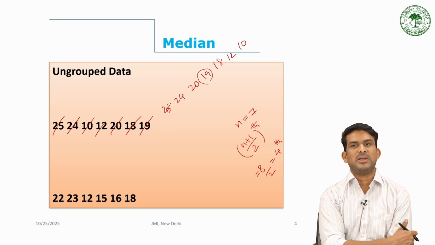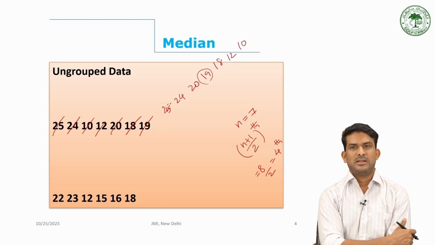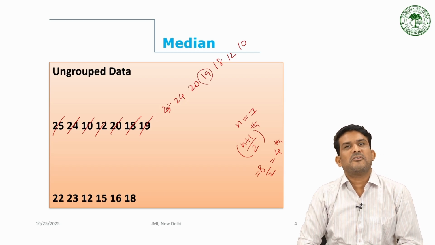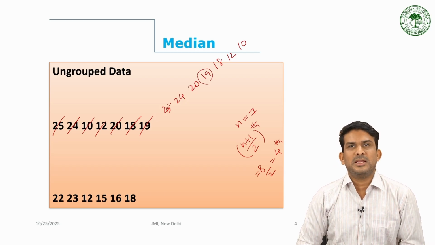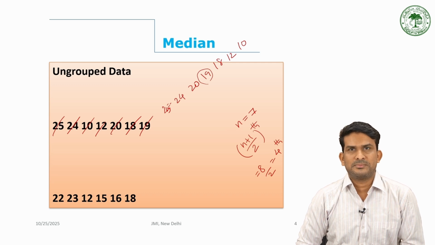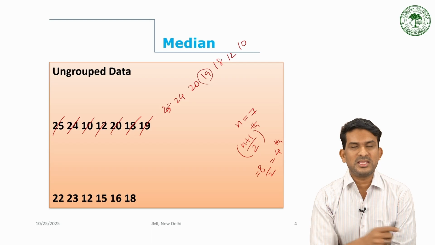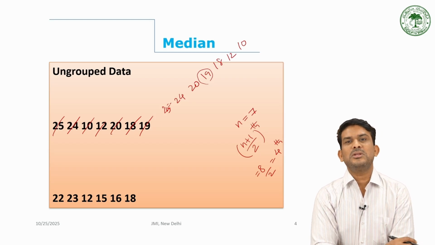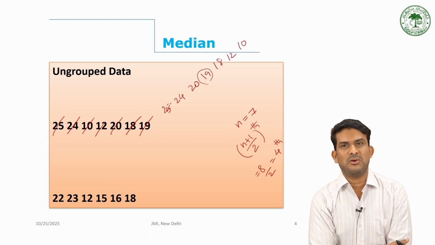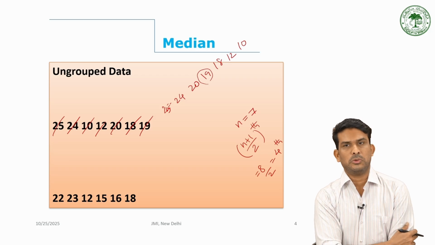This is the calculation of median from raw data. Now it's very clear, since the total number was odd.